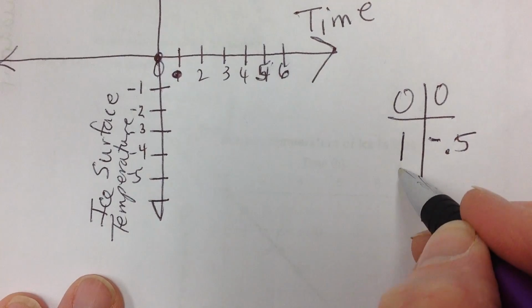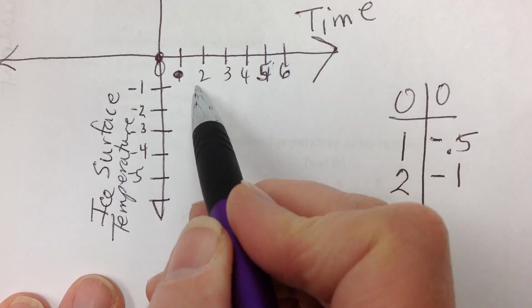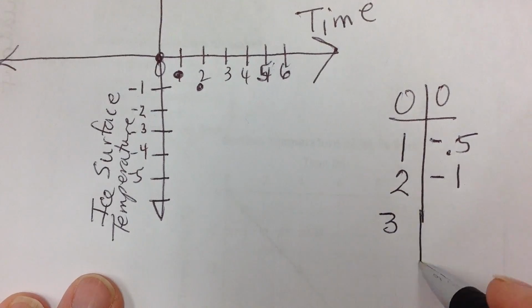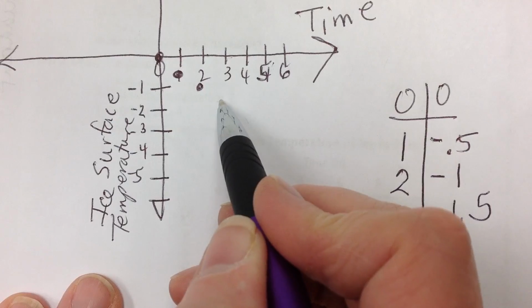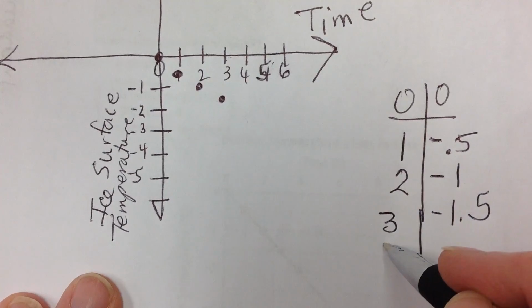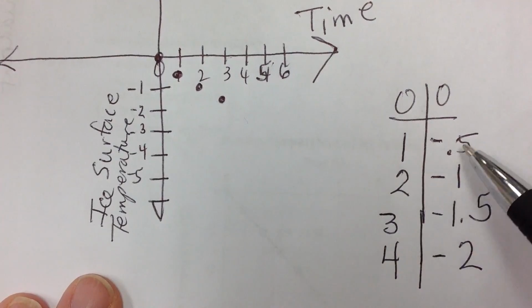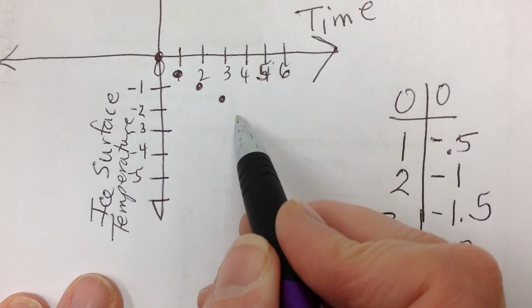Then we have the point (2, -1). So to the right 2, down negative 1 right there. We have the point (3, -1.5). So to the right 3, down 1.5. Then we have (4, -2). These were points we found earlier. To the right 4, down negative 2.